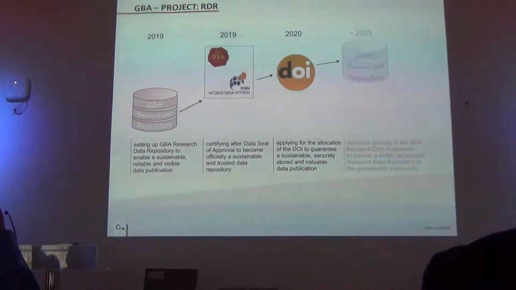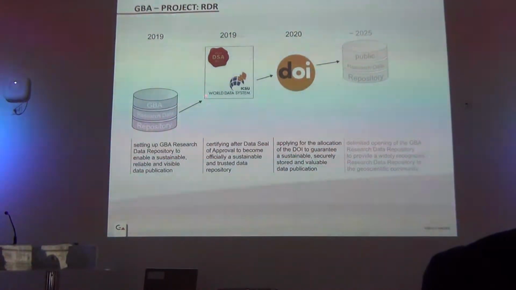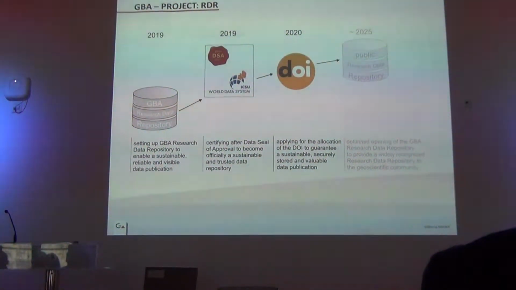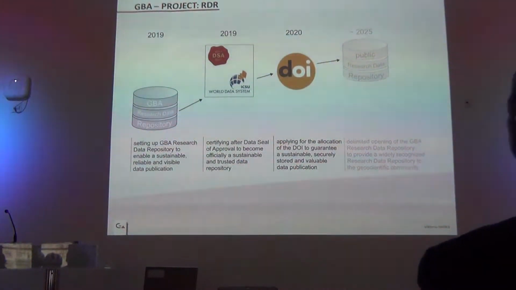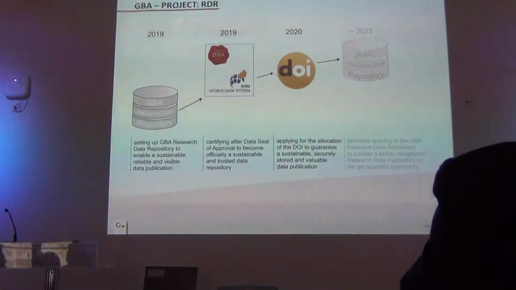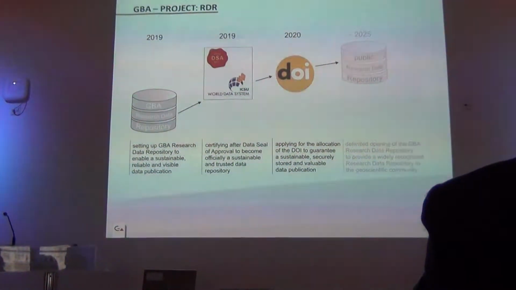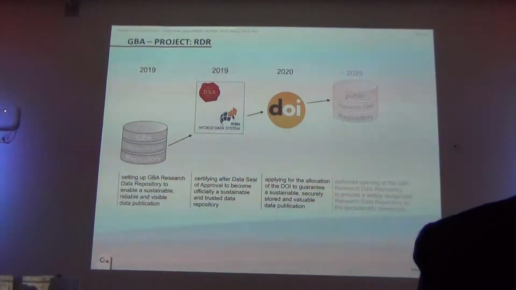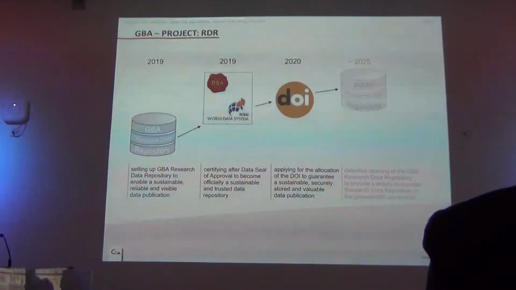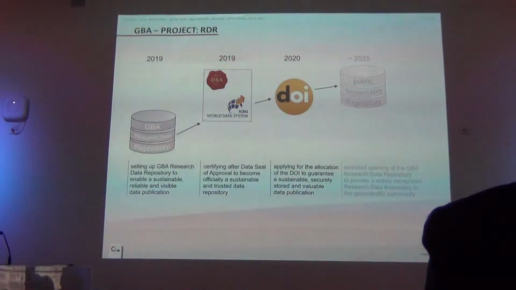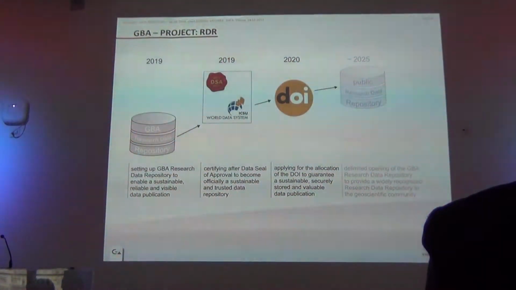So you have the possibility to certify the research data repository. And afterwards, we want to apply for the allocation of the DOI to guarantee a sustainable and available data publication. And if we fulfill all these tasks, then we want to open the research data repository for all interested researchers with data potentially interesting for GBA, so that we can archive external data and publish them in the research data repository.